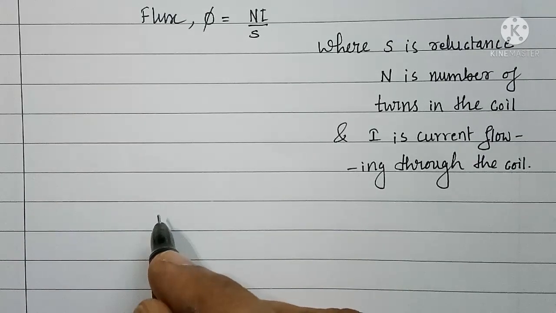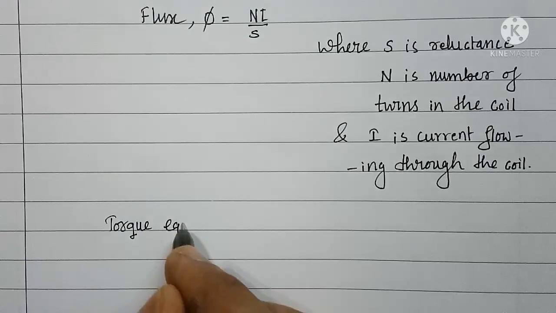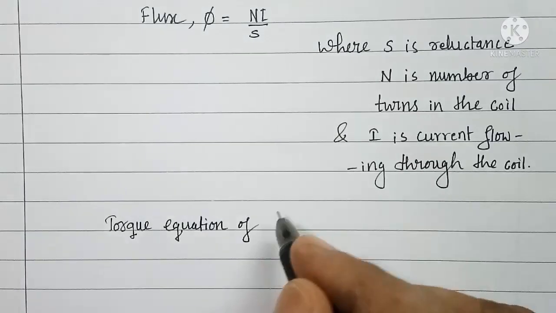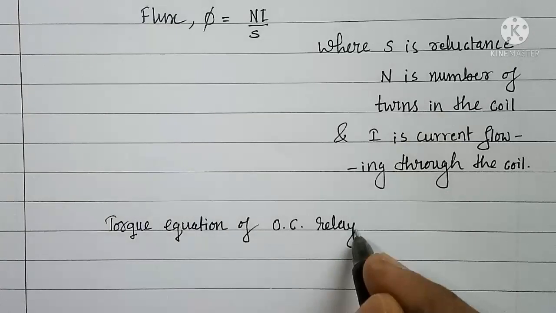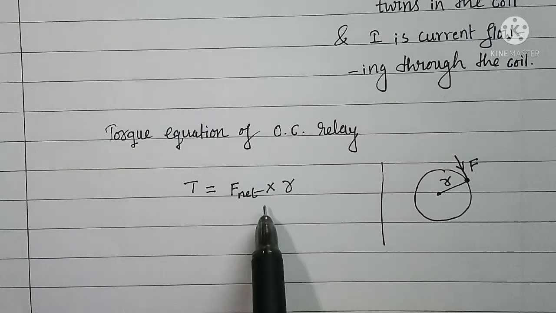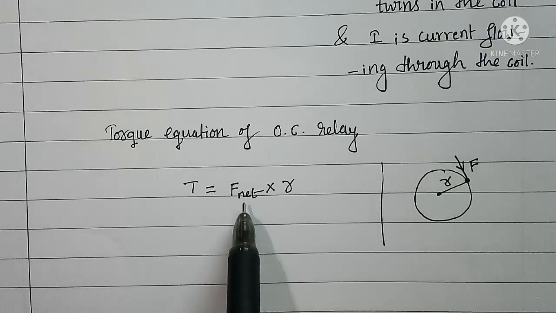In last class we have studied the induction type relay used as overcurrent relay. Torque equation of overcurrent relay: T is equal to F net into R. What is net force acting on the aluminum disc?